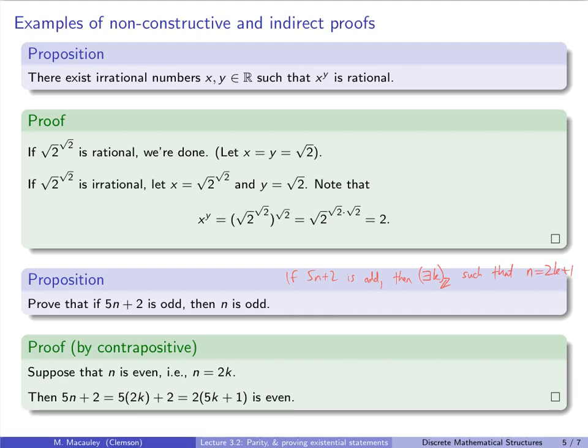So there's my existential quantifier. Or I could cast it with a universal quantifier. So I could say for all integers n, if 5n plus 2 is odd, then n is odd.